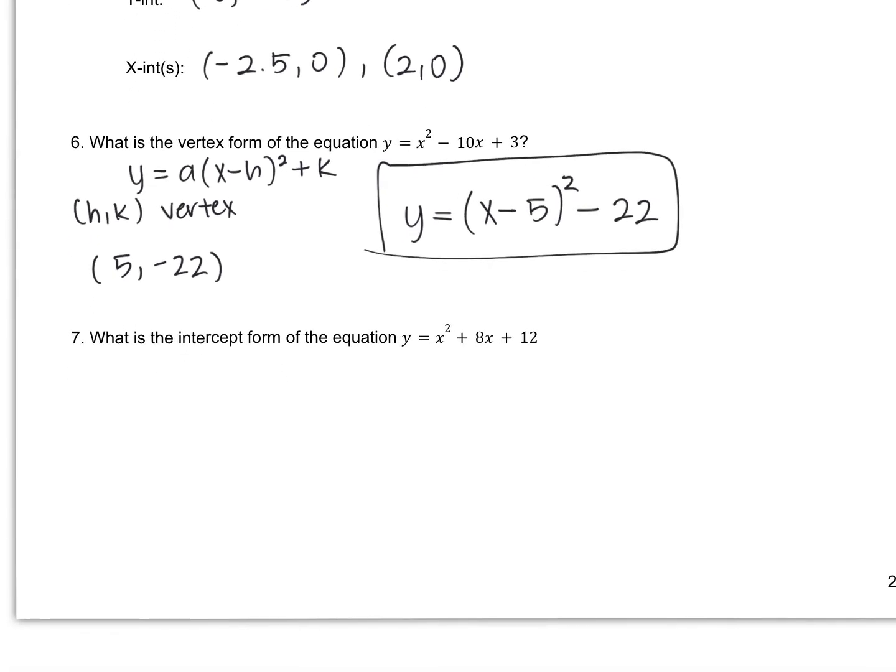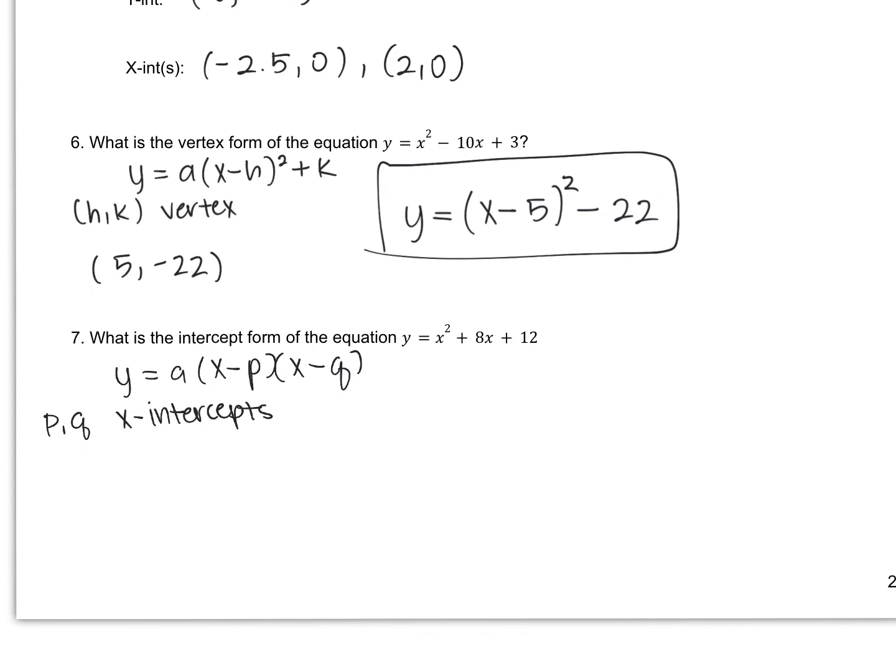And then we had intercept form. That's y equals a times x minus p times x minus q. In this case, p and q are the x-intercepts. There's a couple different ways you can go about this.